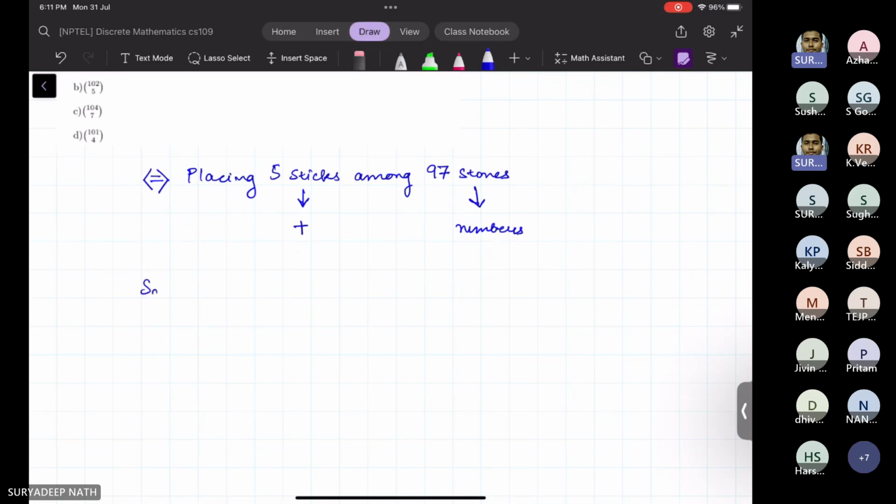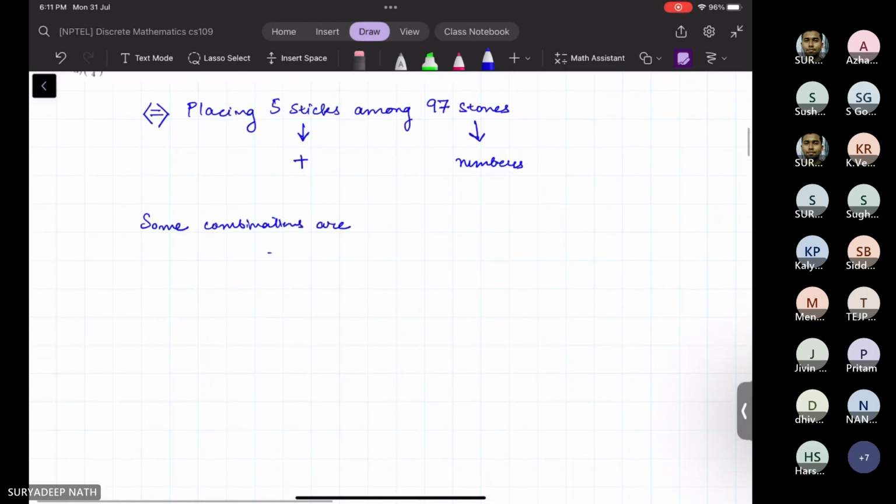Some combinations could be: we have placed 3, then 1, 2, 3, 4, 5 and let's say one more.